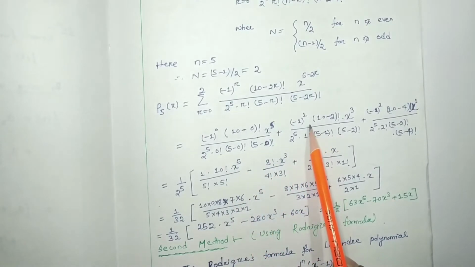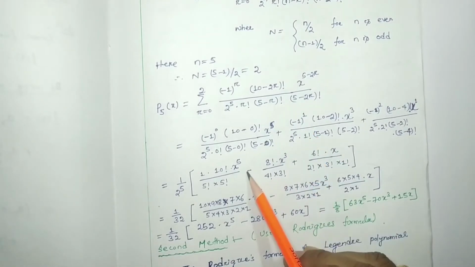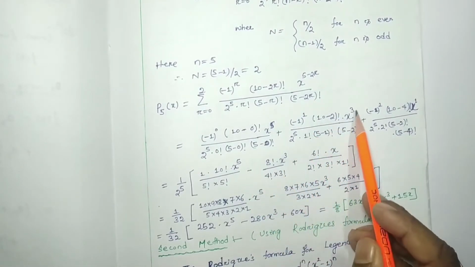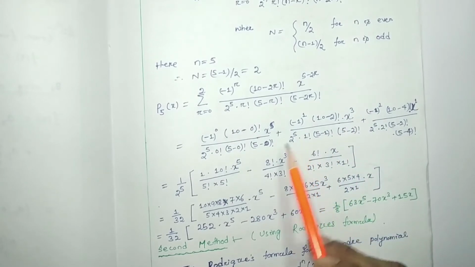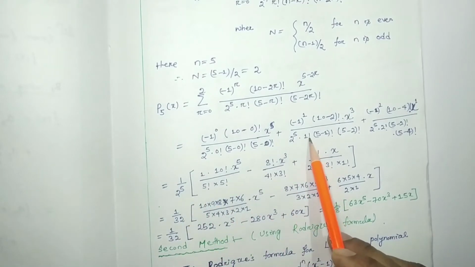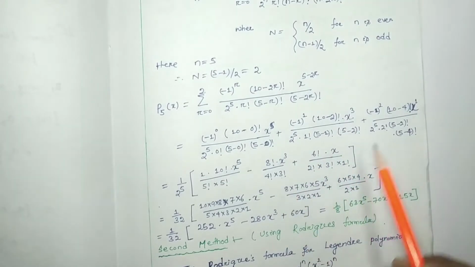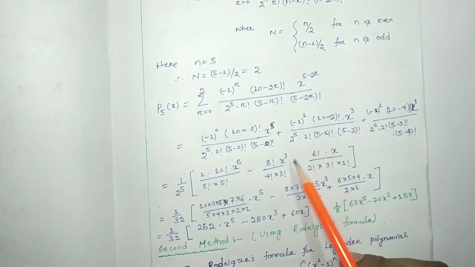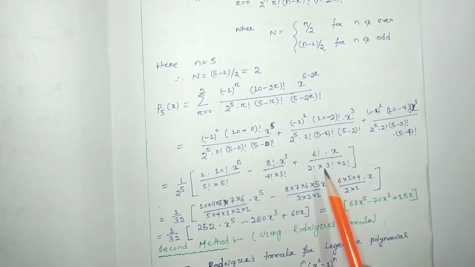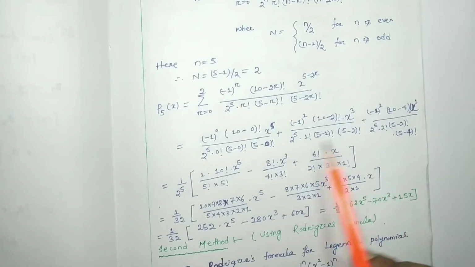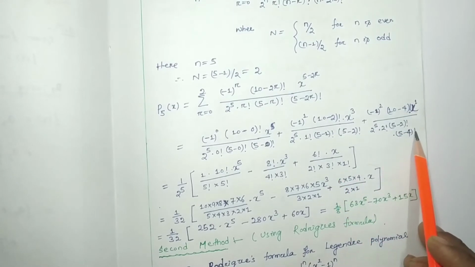Minus, since (-1)^1 is minus 1, 8! x^3 over 1! 4! 3!, and 2^5 has already gone outside the bracket. Next, (-1)^2 is plus 1, 6! x over 2! 3! 1!, with 2^5 already outside the bracket.